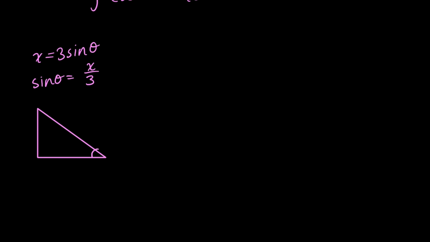If I define this angle here as theta, the definition of sine is opposite over hypotenuse, so I get that the opposite is this x over here, and the hypotenuse is 3, and then by the Pythagorean rule, the adjacent side is the square root of 9 minus x squared.